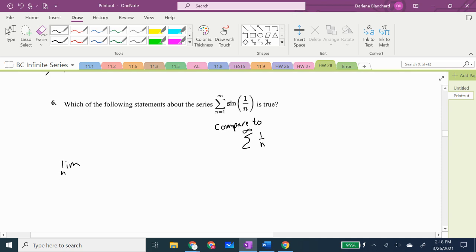then I need to check the limit as n approaches infinity of my series divided by who I'm comparing it to. Now, right now, that may not look familiar to you, but you are expected to be familiar with a particular limit.